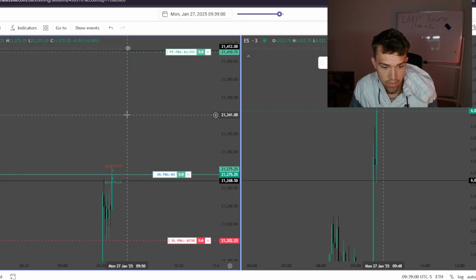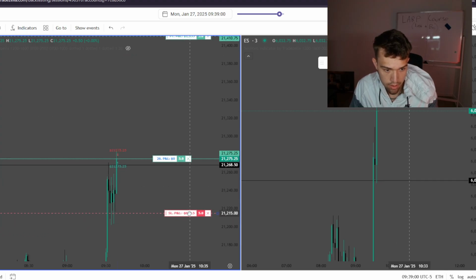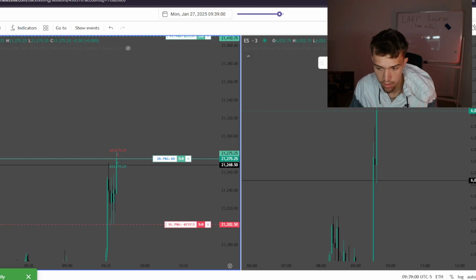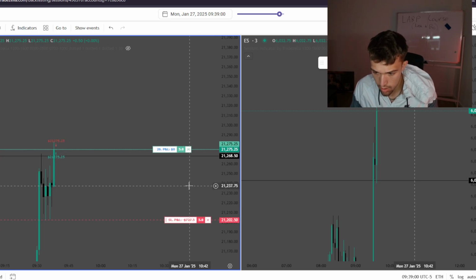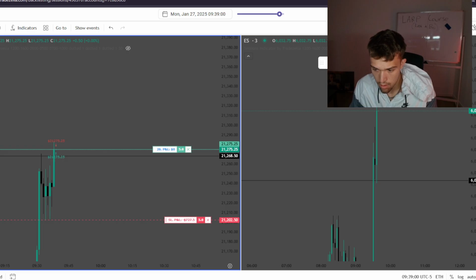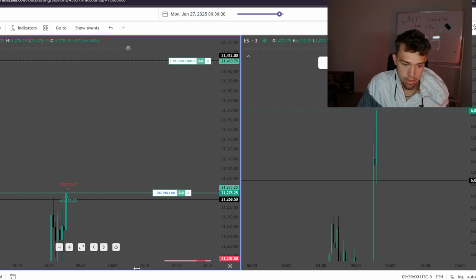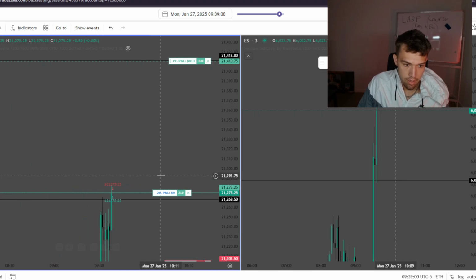I would only trade 5 micros on this, or sorry, not even, because this looks like a very bullish day. There we go. I would trade 3 micros on this, targeting $800 above.